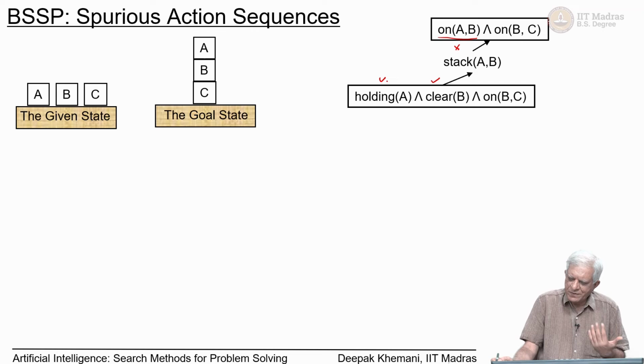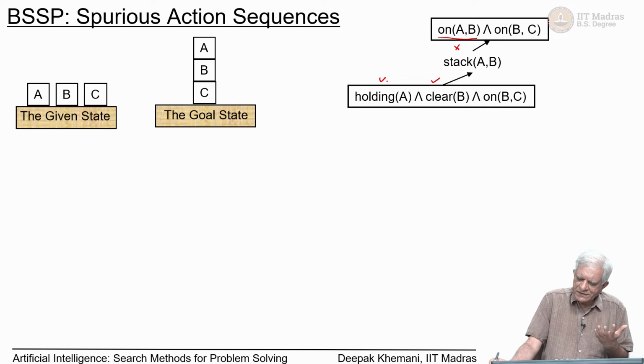On B C continues to be there in the goal, that we still want that to be true, but we now want holding A to be true and clear B to be true. If that is the case, in such a state you could have applied stack A B and achieved the goal that you wanted, which is on A B and on B C. On B C is already true in this sub goal G prime, as you can see.